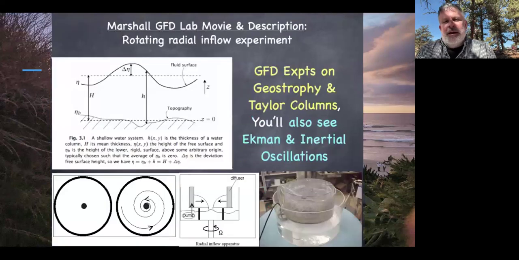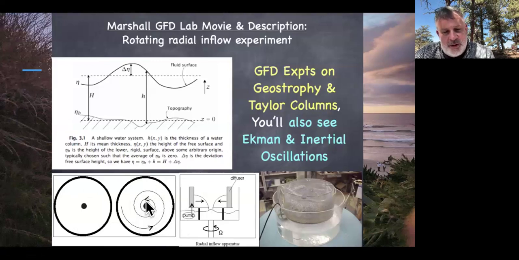Okay. So the last thing I want to do is show some little videos about a plug hole experiment. So if you have a tank and you open a plug in the middle, the fluid will go out the plug hole and down the bottom. And as it drains out, if the tank is rotating, which it could be if it's in a rotating tank, or if it's on a rotating planet, it should go one direction and not the other.